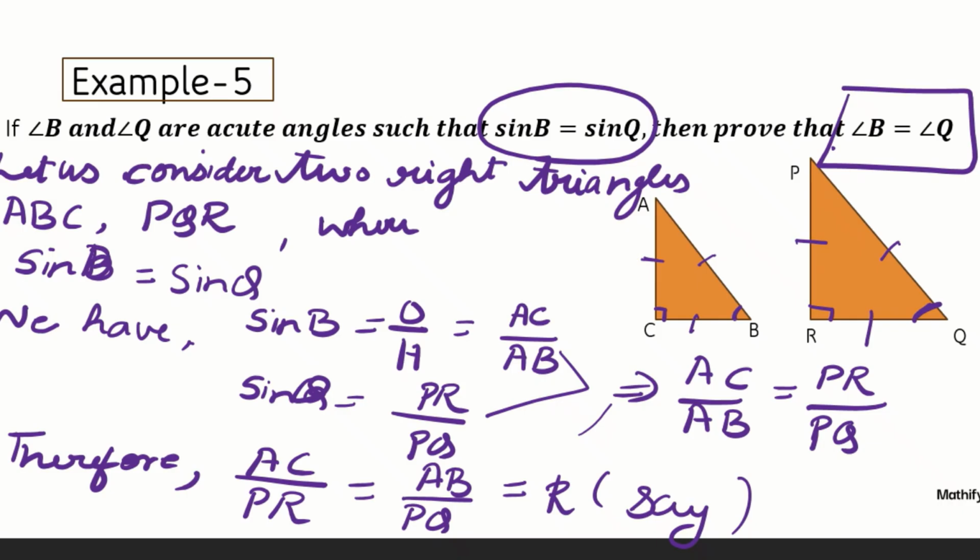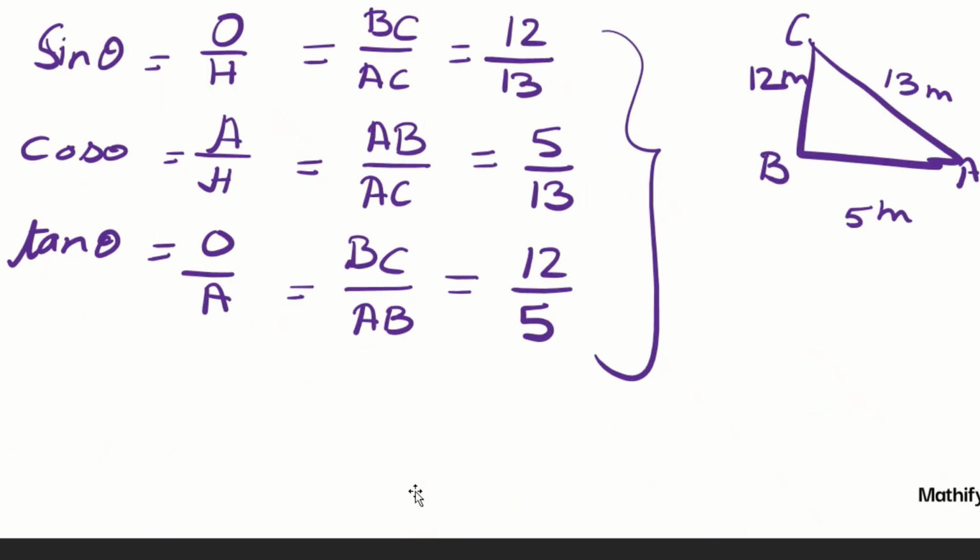If BC over RQ will also be equals to this, then these two triangles will be similar. So we are just going to show that these two triangles are similar if the ratio of this side and this side will be equals to this. That means K. Okay, so we are just doing this.